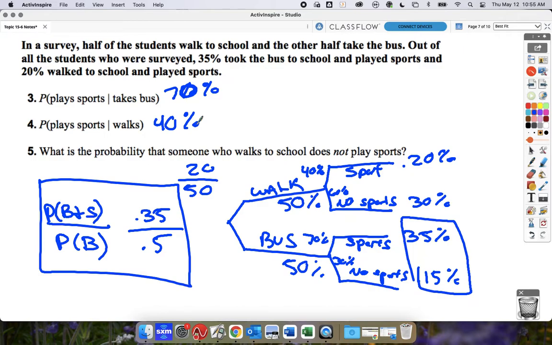Is it 30 or 60? 60% of the people that walked don't play sports.